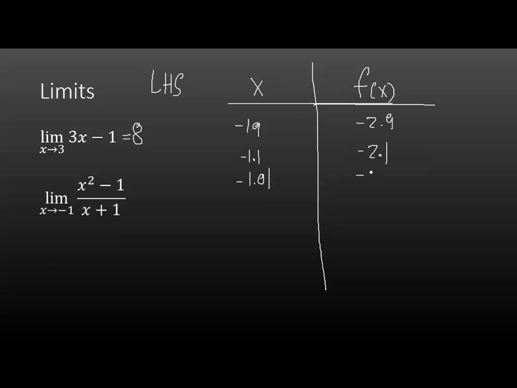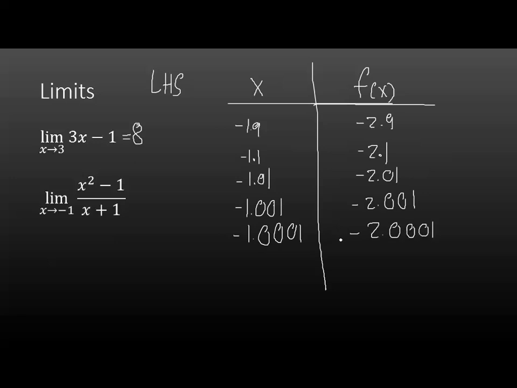So if I use negative 1.001, we will have negative 2.001. Let's have one more: negative 1.0001, we will have negative 2.0001. So these are the x values that approach negative 1 from the left side.